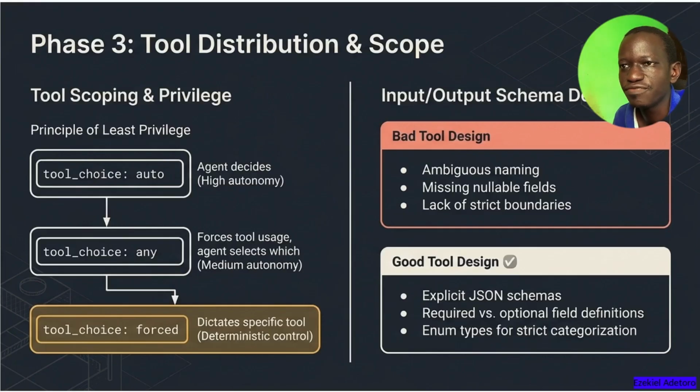Then also in phase 3, we look at the tool distribution and scope. We look at tool scoping and privilege, which is the principle of least privilege. Then we look at the input and output schema, that is how you are going to design your schema. We are going to consider bad tool design and good tool design.